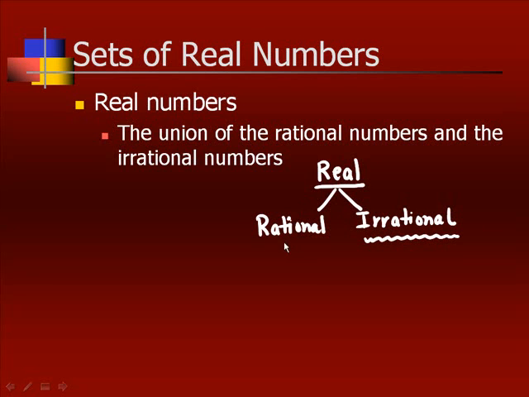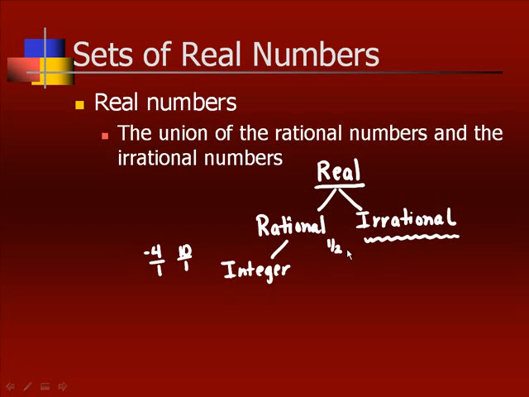Whereas if it's rational, we could go through and say, well, it could be an integer. -4, -1, 1, 3, those could all be written as a fraction. -4 could be -4 over 1. 10 could be 10 over 1.